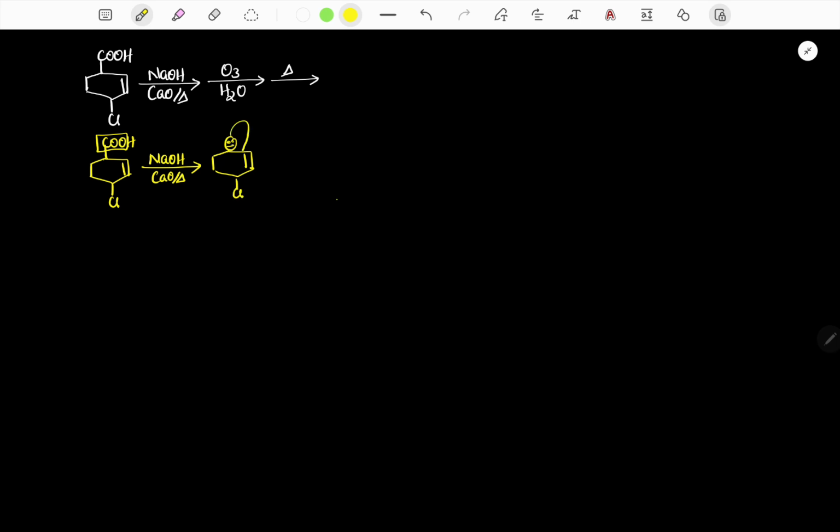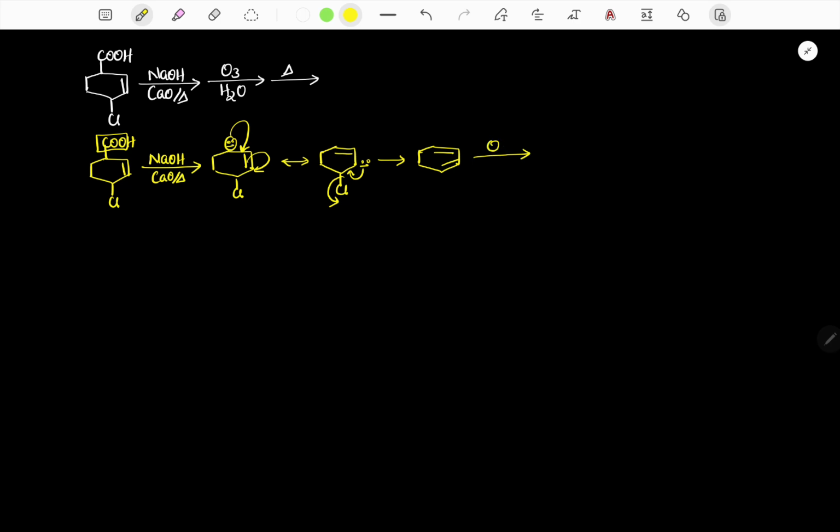And of course here we have this kind of possibility because of resonance. We are having the corresponding carbanion. Now it undergoes elimination and finally gives the corresponding alkene. So a conjugated diene is formed.